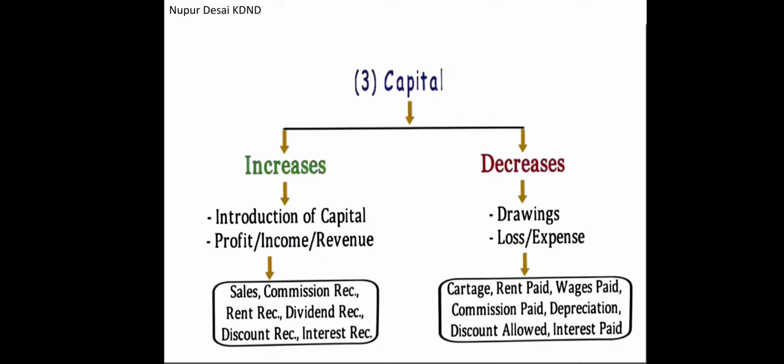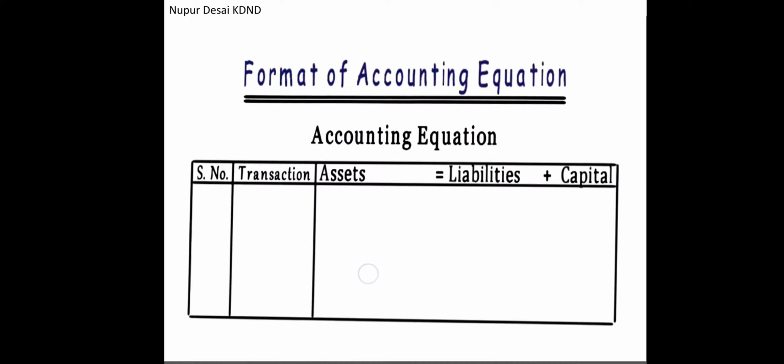Vice versa, drawings or loss and expenses will decrease the capital. Now the format of the accounting equation is in such a form: serial number, transaction, asset is always equal to liability plus capital.